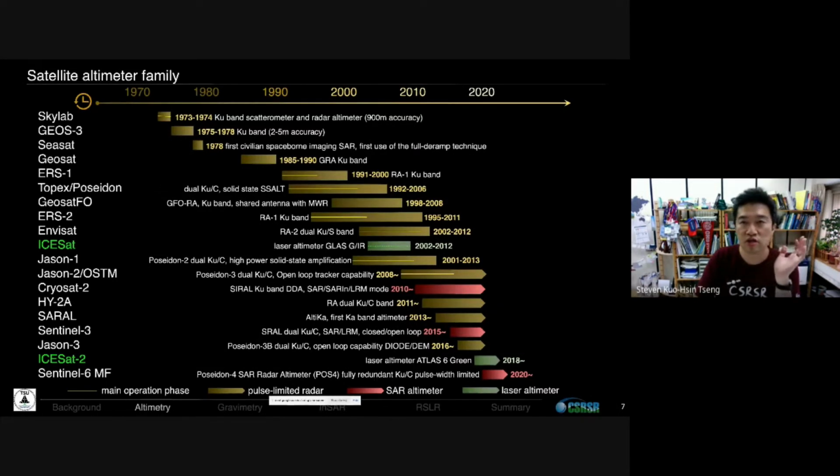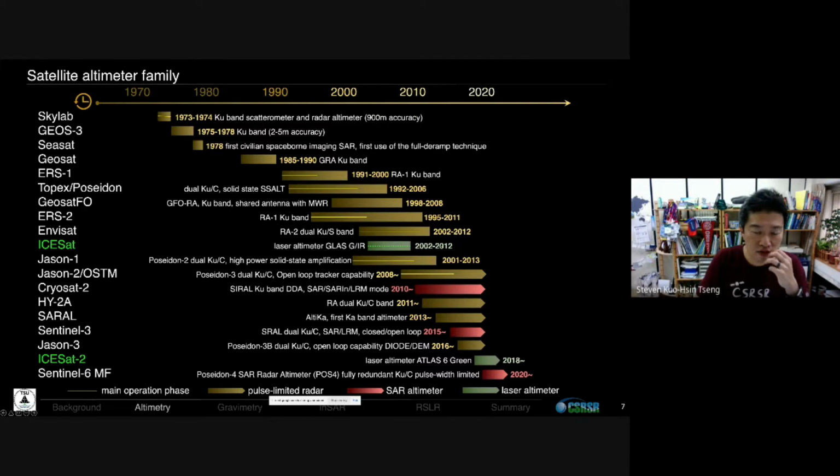It also measures ocean color, the atmosphere, and the sea level. So it's a multifunctional satellite, all on board one satellite. It's like Sentinel-6 and Sentinel-3 at this moment.